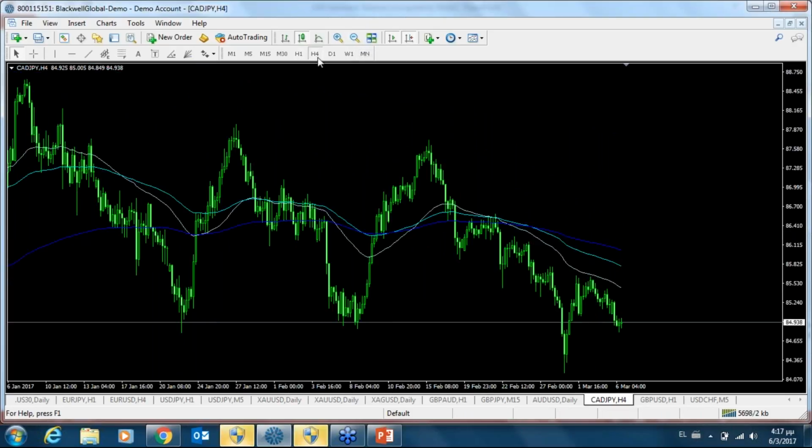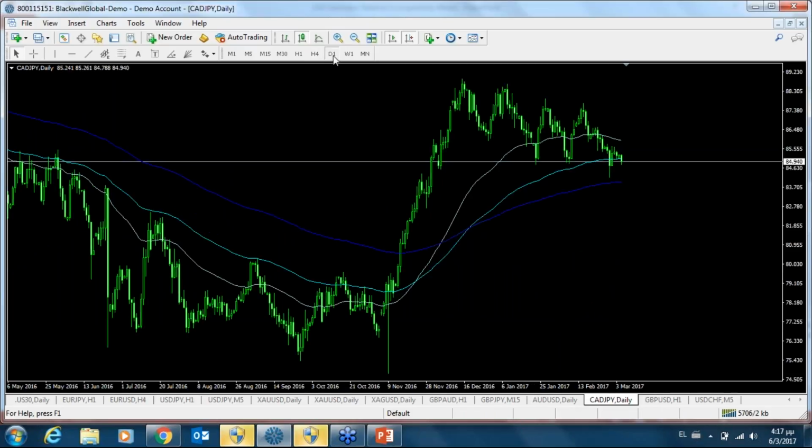You can see that on the 4-hour chart it is exactly the same, and you've got the angle of the 3 moving averages as well, giving you hints to the downside, and that angle is quite bearish. On the daily chart, that is just not happening as clearly as the other time frames. You're looking at uncertainty starting to happen on the daily chart.